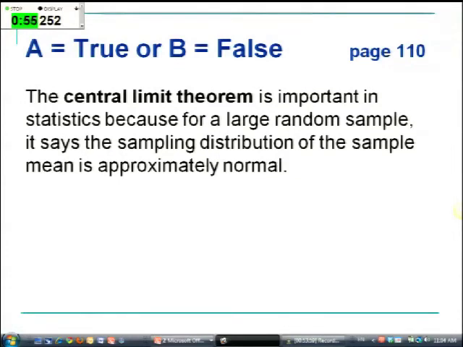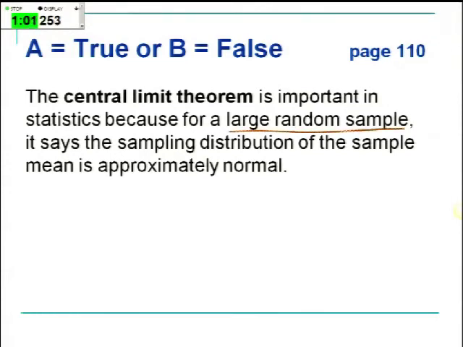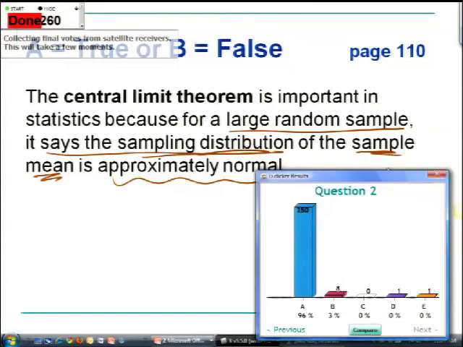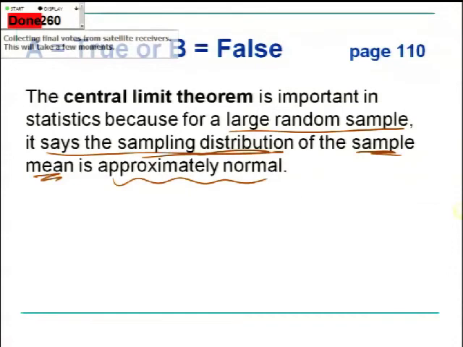Central limit theorem is important in statistics because for a large random sample, it says the sampling distribution of the sample mean ends up being approximately normal. That is true. That's exactly what the CLT says in words rather than with a notation. You can specify what kind of normal model, mu, sigma over square root of n, but this is what the CLT gains for us. All right?